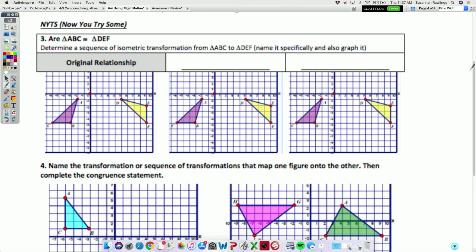Just decide real fast with your partner. Rotation, counterclockwise. Okay, I hear a lot of mumbling of rotations. Who thinks rotation? Anyone think reflection? Okay, so it is going to be a rotation.